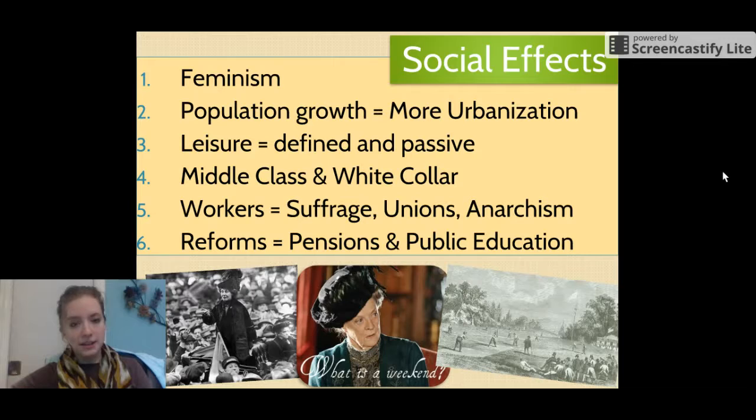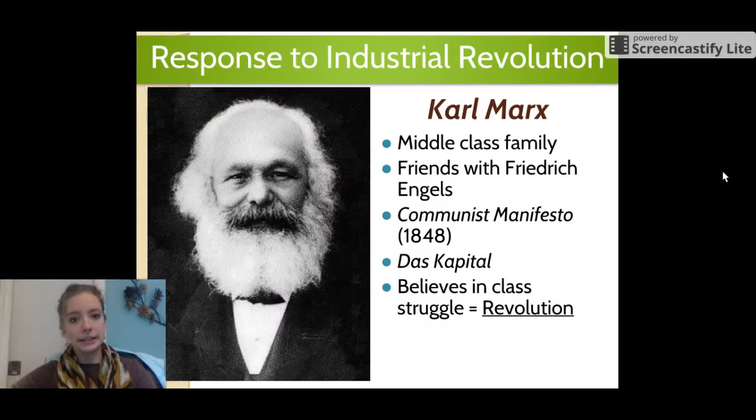Finally, the government responds, and you see certain responses. Again, I'm going quickly through these. You see the rise of a pension system in Germany, public education in America, and other promotion, again, of suffrage rights, particularly in England.